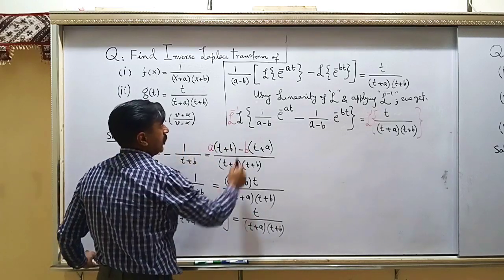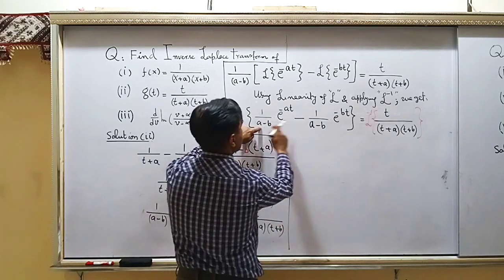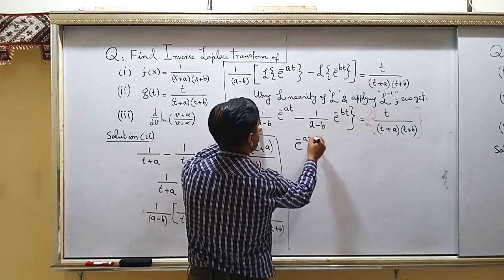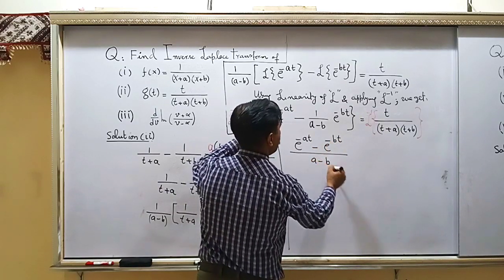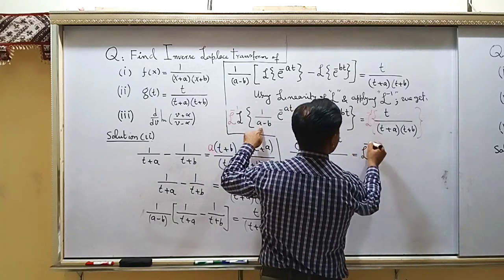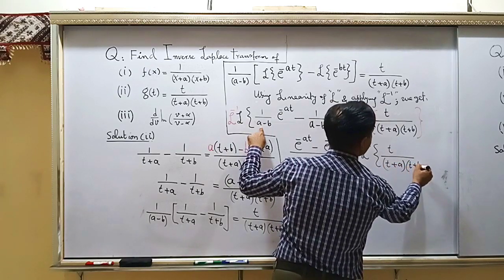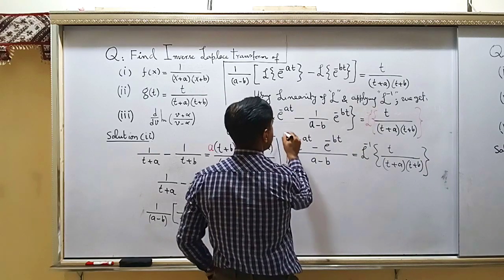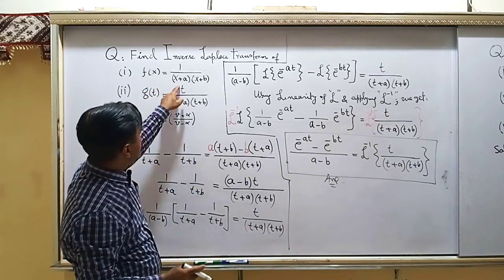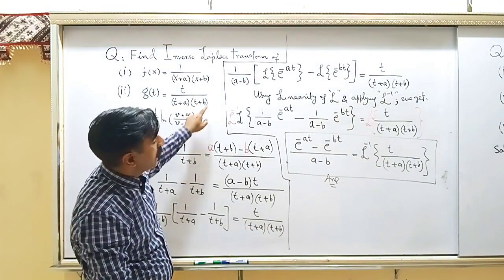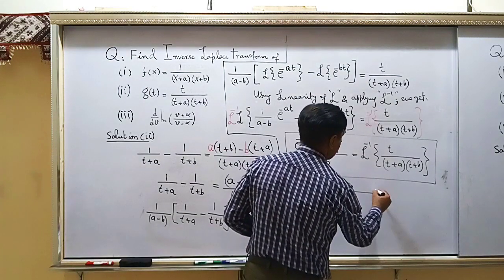So this is identity, it will be cancelled, and you will have, this can also be simplified, e to the power minus at minus e to the power minus bt over a minus b, and this is equal to L inverse of this function t over t plus a t plus b. So this is the inverse Laplace transform of the given function, right? Okay, this question has been done, the solution is complete.